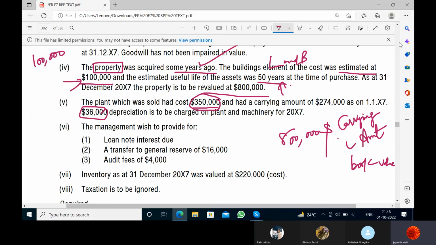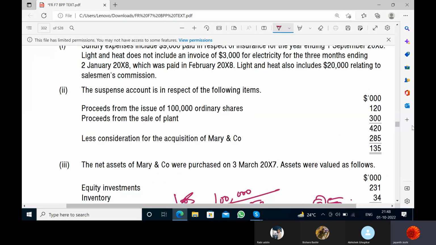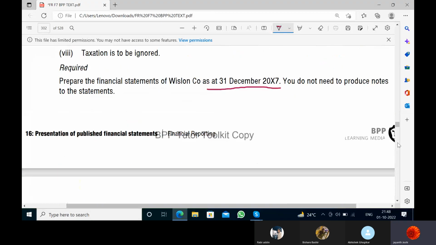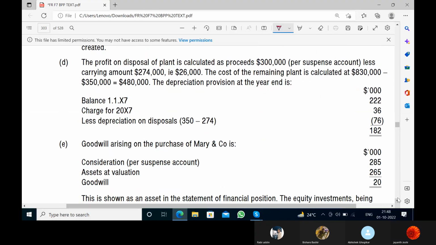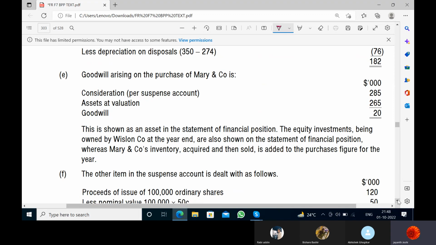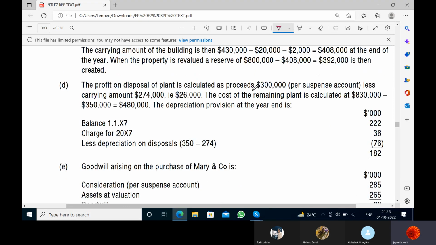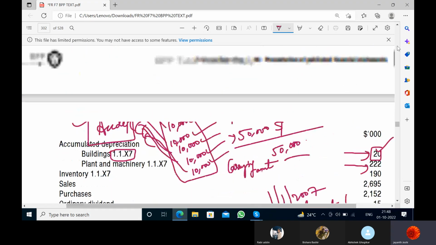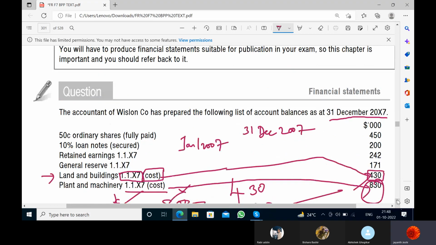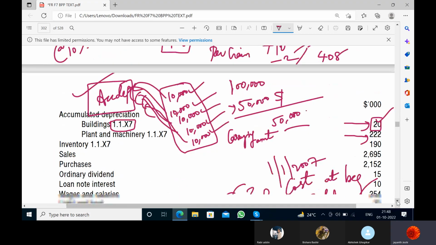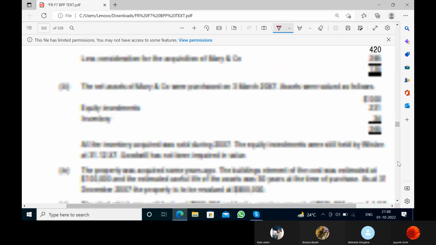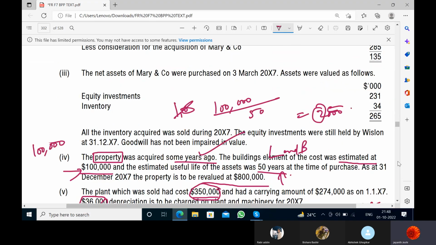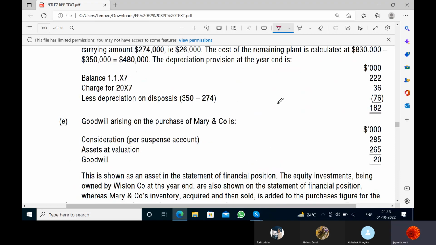Now you should always know one point: the asset which you are selling, that asset's depreciation should be removed. Okay, because now that asset is not with you and you will not depreciate it. So that asset which you have sold, its accumulated depreciation till date, how much depreciation you have made till date. That means at the beginning of the year, the accumulated depreciation account is 222. So I'll make a T-shaped account here, the accumulated depreciation account.